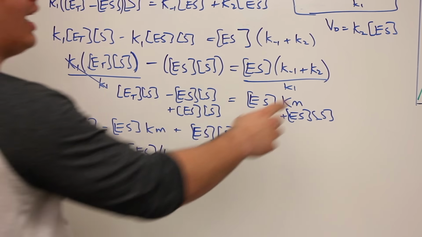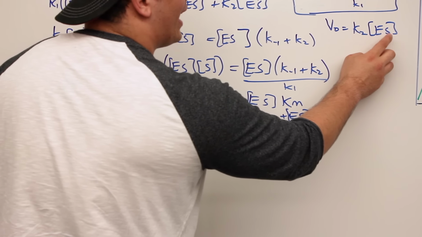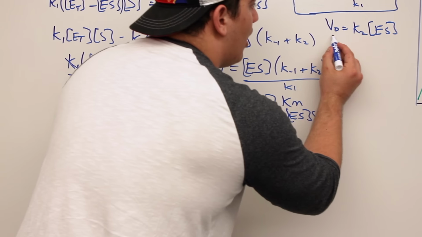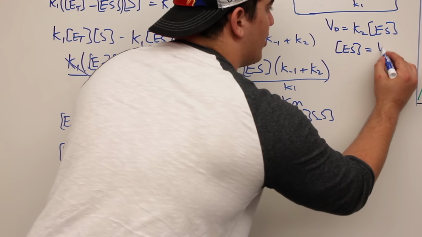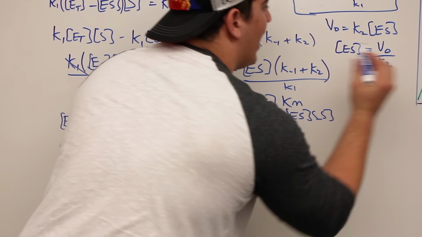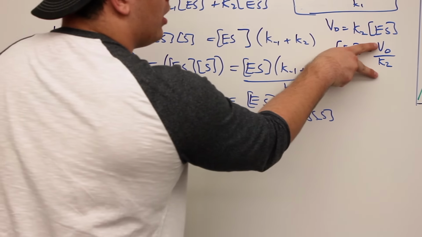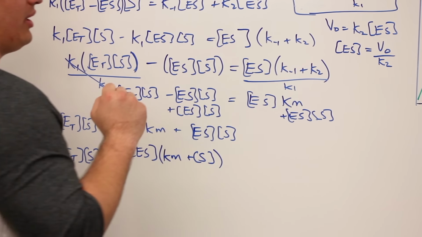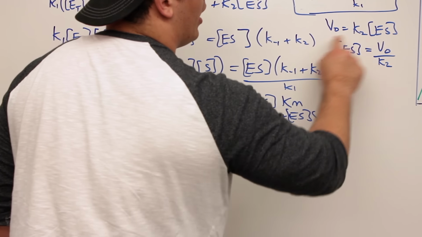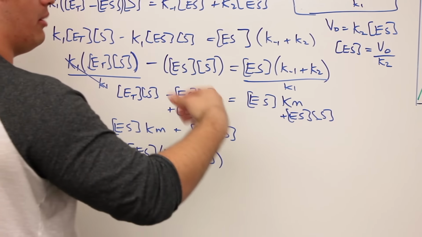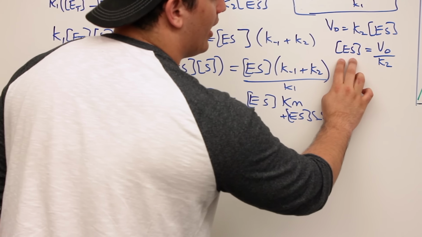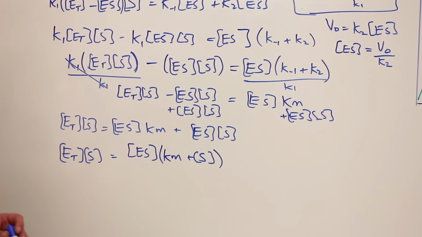In other words, I have to get this enzyme substrate by itself so that I can plug in what? What is enzyme substrate equal to in this equation? It's equal to V0 over K2. So I need to plug this term into my Michaelis-Menten equation. So let's go ahead and do that now.